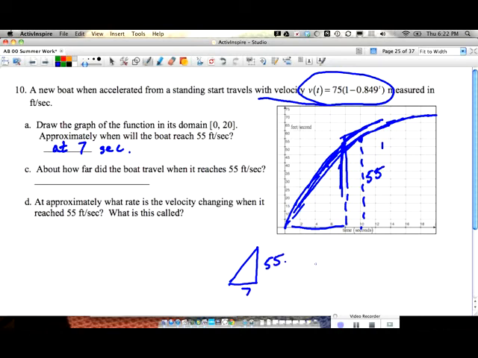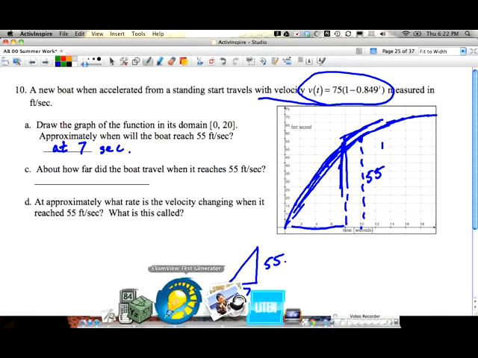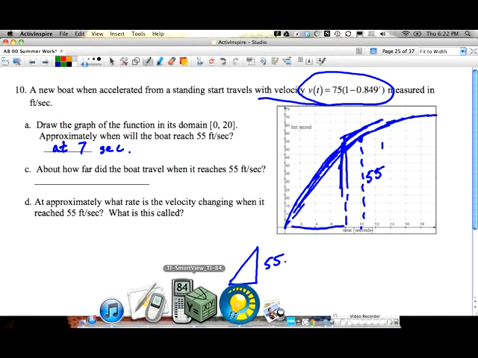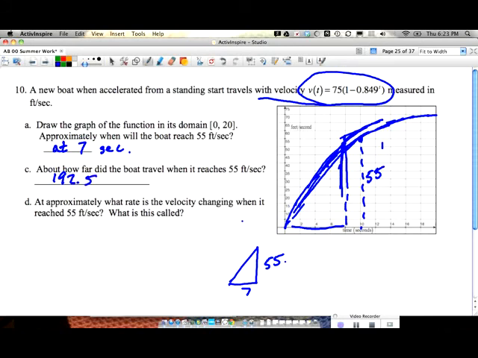We can find the area of that triangle. Let's try that. So then that means we're going to calculate 7 times 55. We want to go back to our calculation screen. 7 times 55. And it's a triangle, so we've got to only take half of it. 192.5. It looks like it's 192.5 feet.